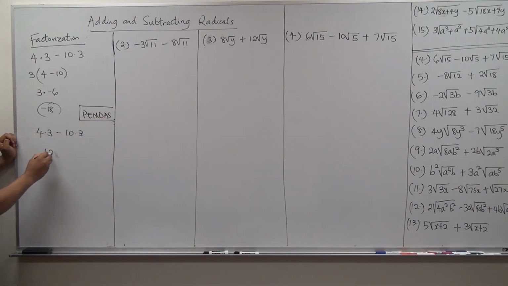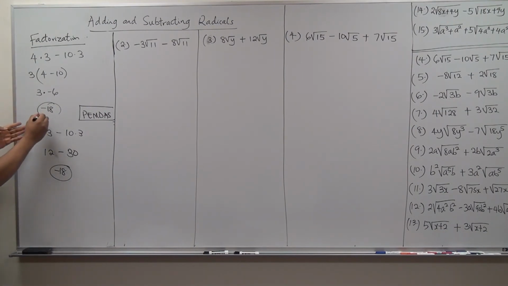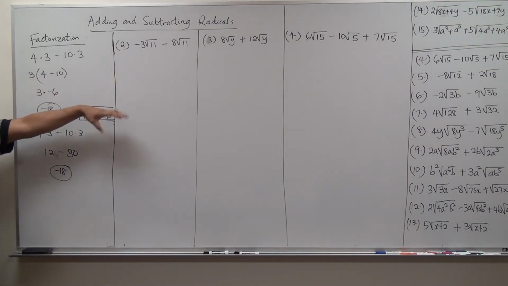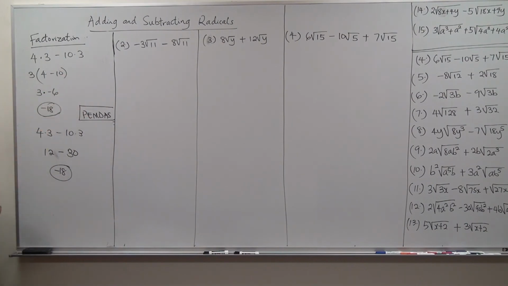This will give us 12 minus 30, and that gives negative 18. So you see, we still got the same thing. That will tell you that factorization works. You can check it with arithmetic. Now, if this works for arithmetic, it will work for algebra, it will work for radicals, it will work for any variable.